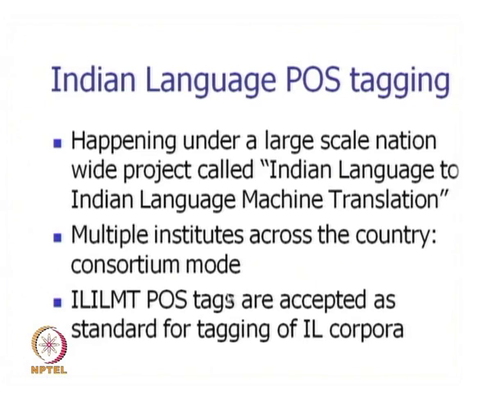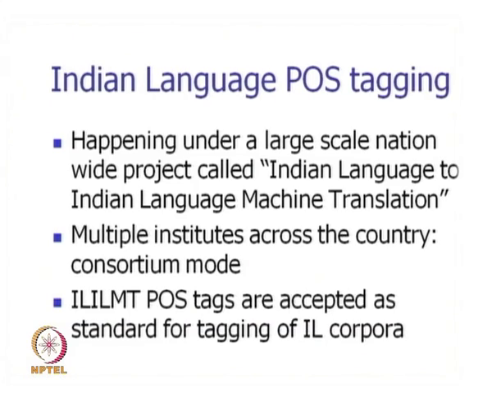The part of speech tags are the tags required for Indian language to Indian language machine translation, and therefore the attempt is to design a pan Indian tag set. A tag set which will be applicable across languages, from languages in the Indo-European family to the Dravidian family to the Sino-Tibetan family in the east.